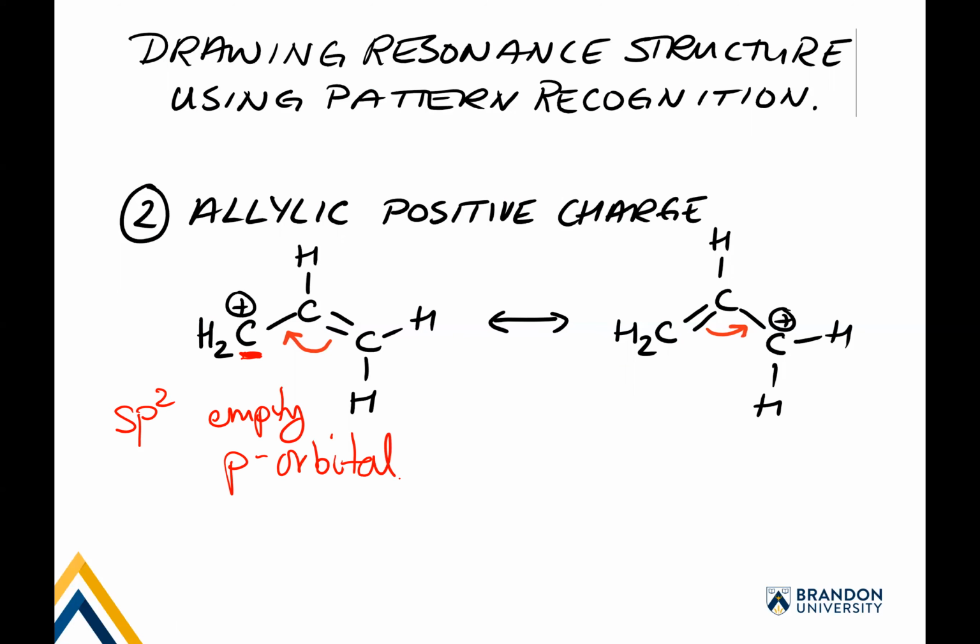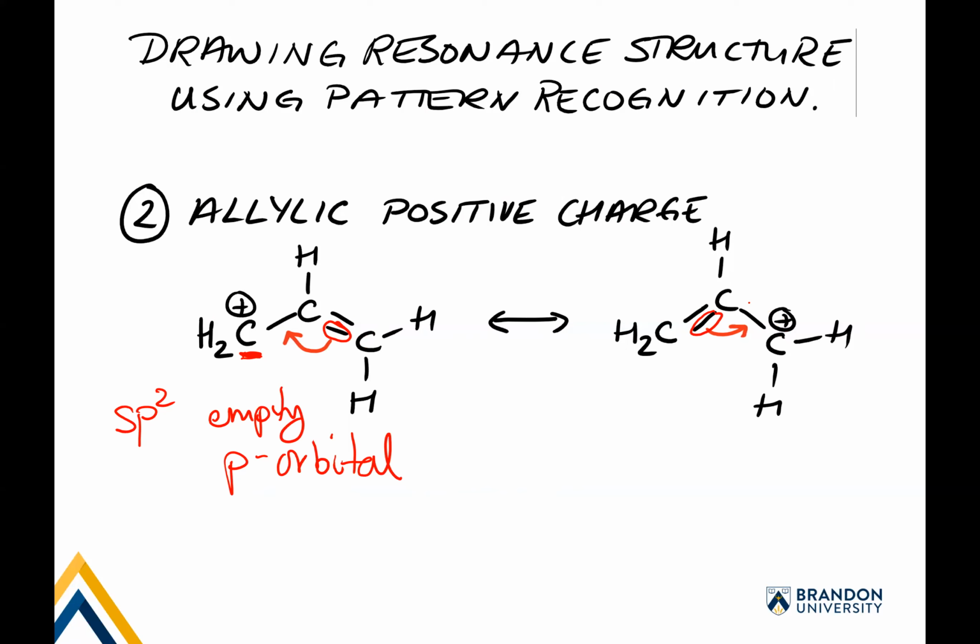And so in this case, the pi electrons in this double bond can move over to make a double bond, and the p orbital on this carbon is now empty. It's got a positive charge.